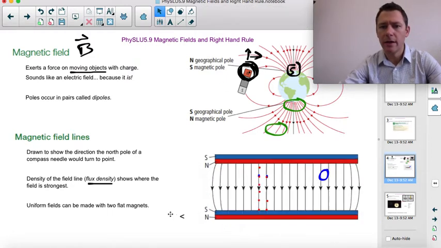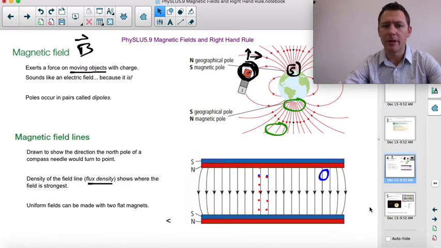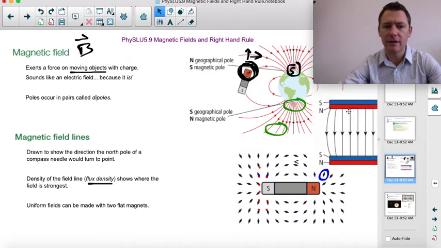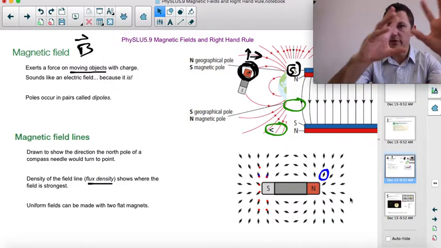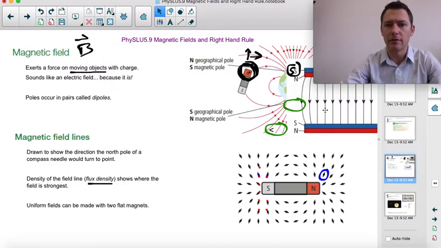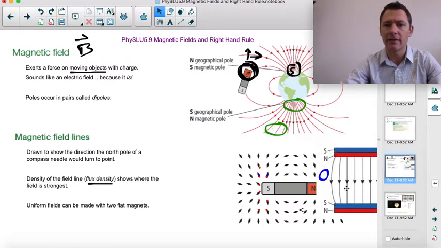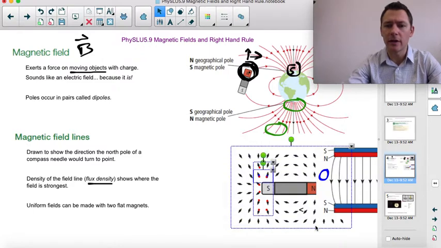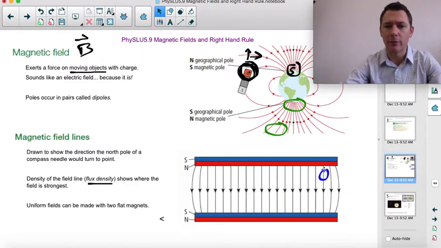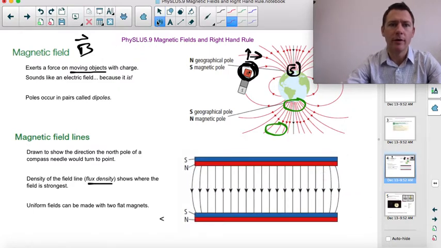All right. You can also get the same thing happening if you take two. This is not very useful because the magnetic field is just kind of spread all over. Looks kind of like this. But if you take 2 solid bar magnets, really flat ones, you put them next to each other, a compass needle would point this way, right?